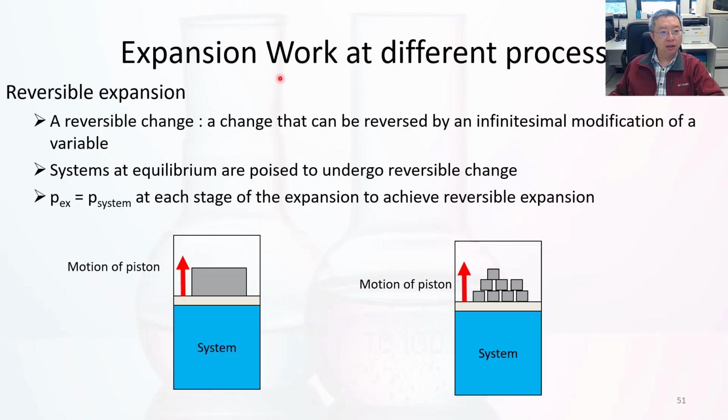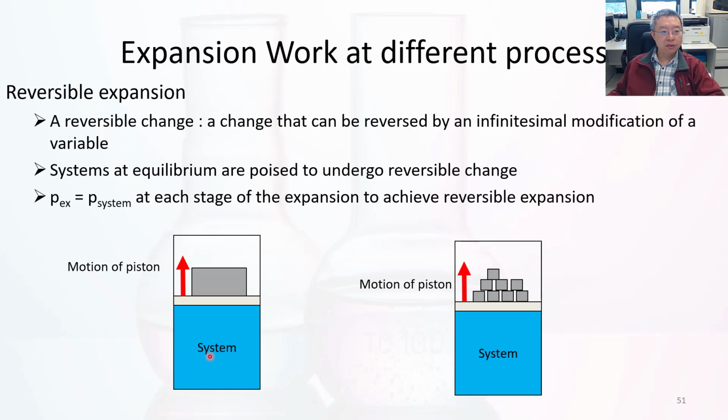Another case is the reversible expansion. In the free expansion as well as in the constant external pressure expansion, the pressure inside and outside is different: inside is always high and outside is always low. But reversible expansion is a change that reverses with an infinitely small modification of the variables.